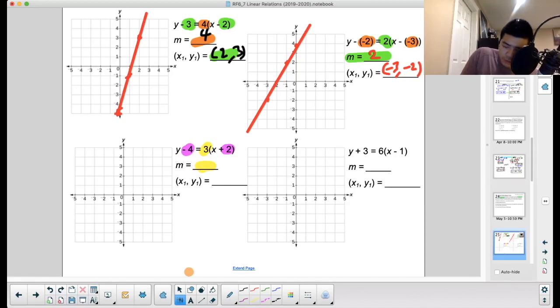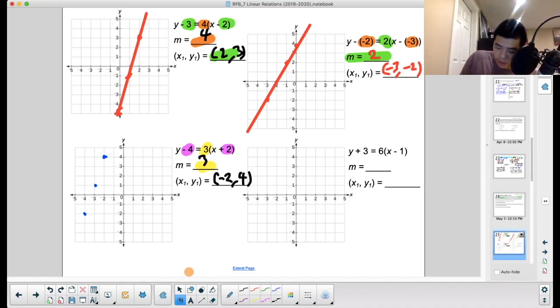So we're going to fill in our slope is 3, and then we're going to have -2, +4 as my point. So we're going to use -2, +4 as our initial point that we're going to plot on the line. So -2, +4 is right up here. And we know that our slope is 3, which means that we would have to go up 3, 1 to the right. You don't have enough room here, so we're going to go the opposite direction. 1, 2, 3 down, and 1 to the left. 1, 2, 3 down, 1 to the left.